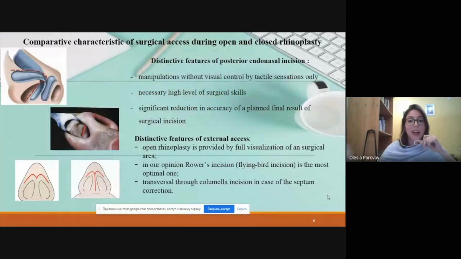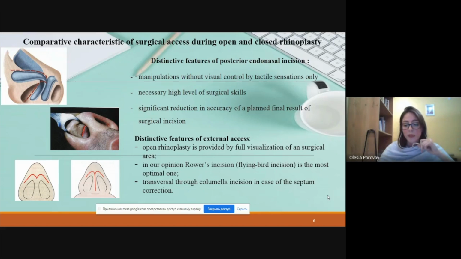On this slide we present the distinctive features of posterior and endonasal incision and external access. Endonasal access we recommend in cases such as correction of the osteocartilaginous pyramid of the nasal bone and resection of the lateral crura and the lower third of the quadrangular cartilage.